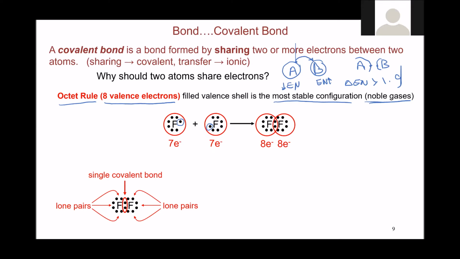Just to differentiate this electron pair from the lone pairs, we'll replace the dots with a dashed line, to represent that this is a different pair that forms the actual bond between the two atoms and holds them together. That here is the single bond between the two atoms that holds the molecule together, and those are the lone pairs. And the whole thing here is called a Lewis structure.